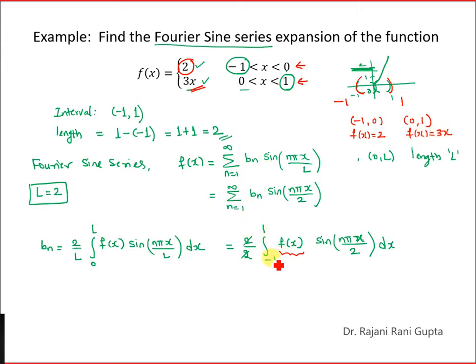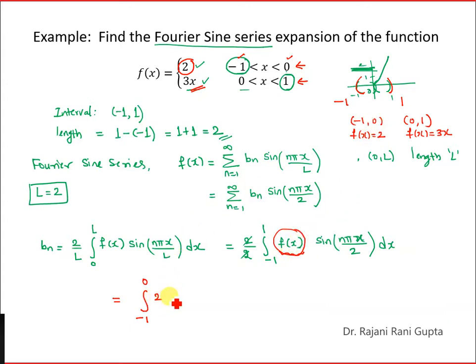So now to solve this integral, we have to divide it into two parts because the function is divided into two parts. We will write it as the integral from -1 to 0. What is the value of f(x) when it is from -1 to 0?